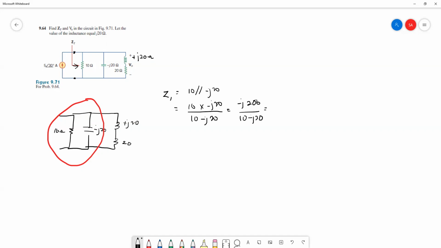Or you can use your calculator: negative 200 shift I over bracket 10 minus 20 shift I. This will give you, in rectangular form, 8, and the imaginary part is obtained by shift, so this is 8 negative J4 ohm.